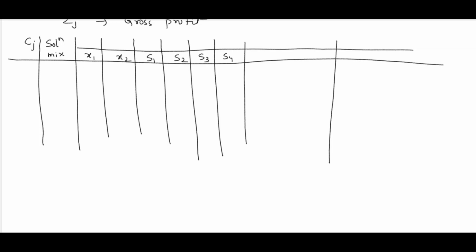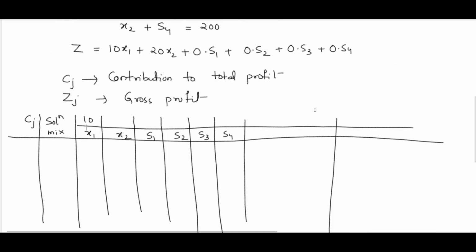Cj is the contribution to total profit, the coefficient of x1 in Z. The coefficient of x1 in Z is 10, x2 is 20, and all these are 0, 0, 0, 0. Then this is the contribution quantity. What is the contribution quantity? Let's say contribution quantity, and here one term is there, minimum ratio.